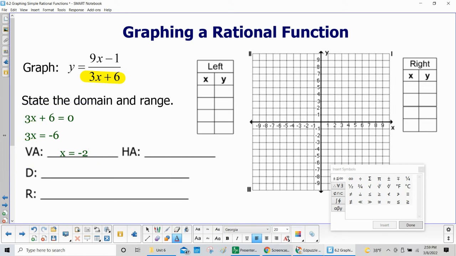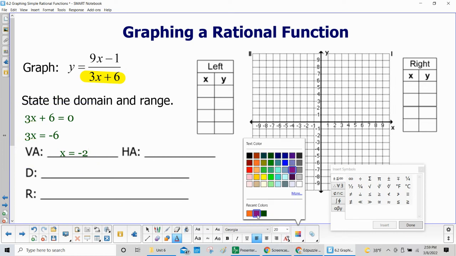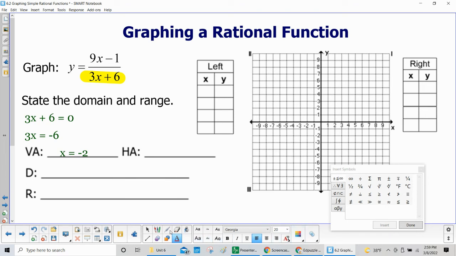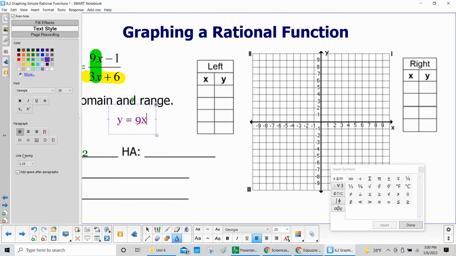My horizontal asymptote, if I was to work on that one, that would be my x's divided by each other. So I would end up with y equals 9x divided by 3x.